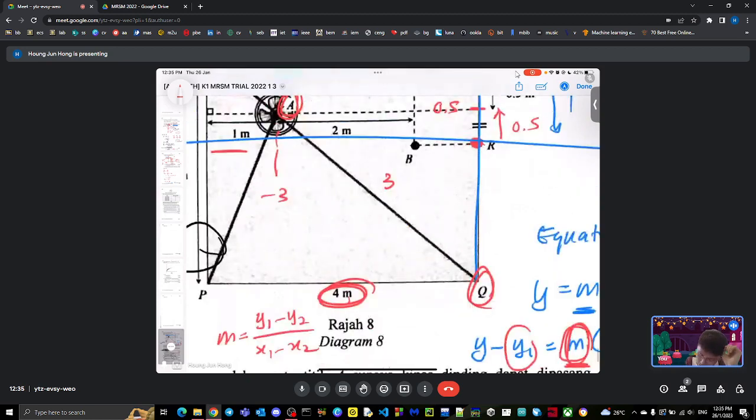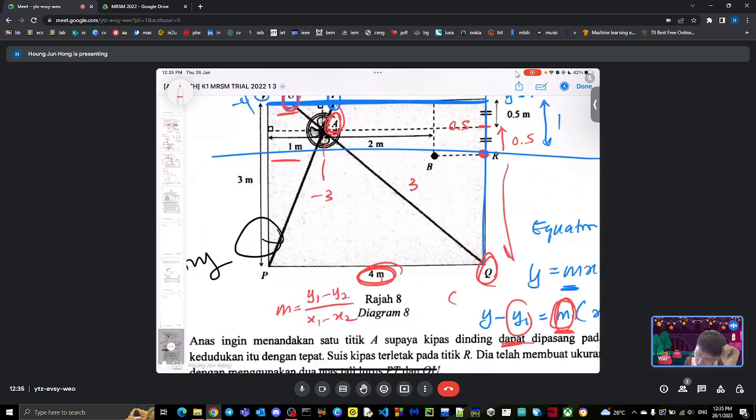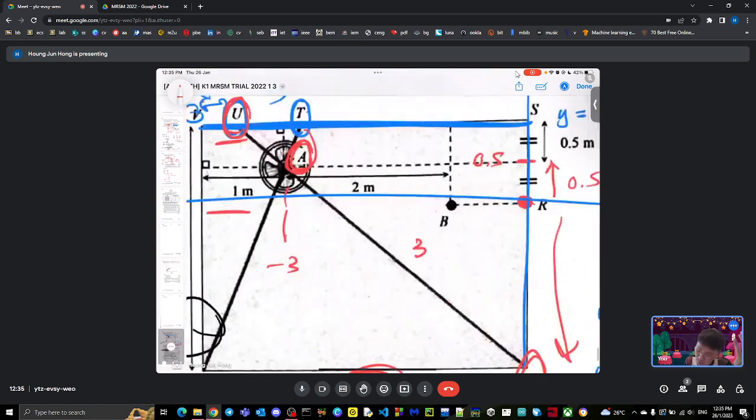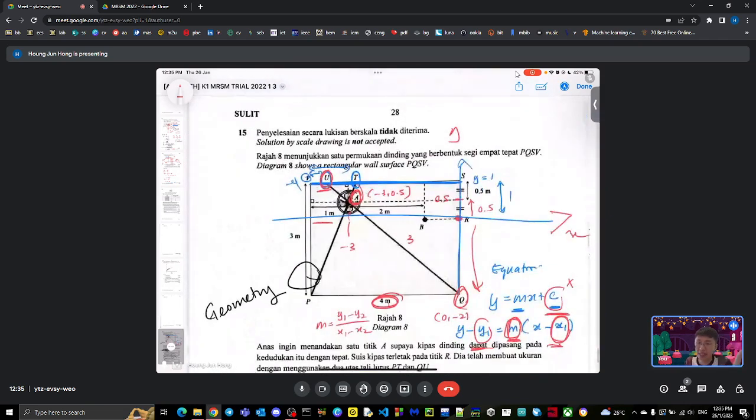Q is basically... how much is this? Okay, -2. So 0, -2. And then A, we just found it, right? It's -3 and then 0.5. So now we have 2 points here. We want to find the gradient between these 2 points. It should be simple. Yeah, just do the gradient thing.